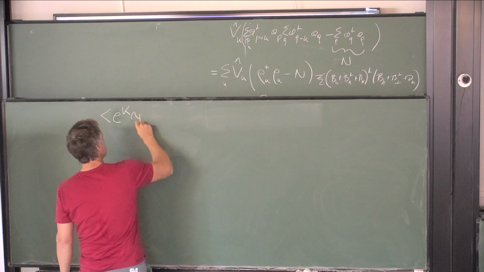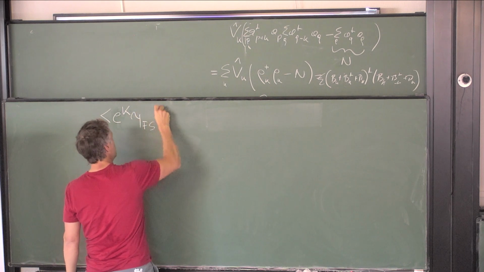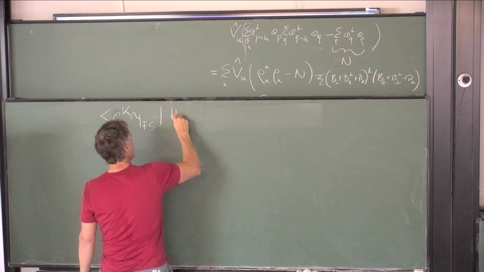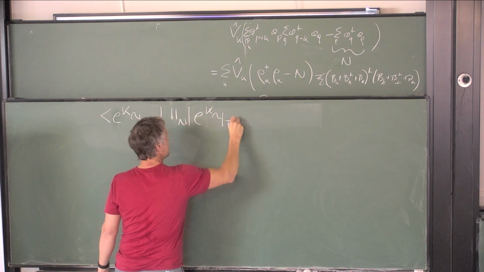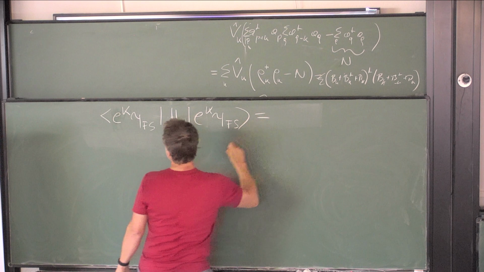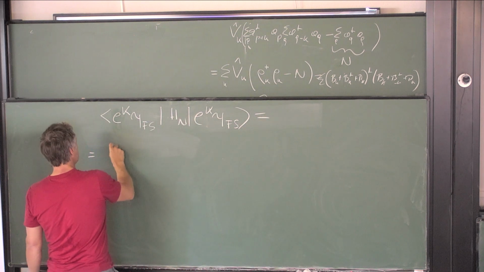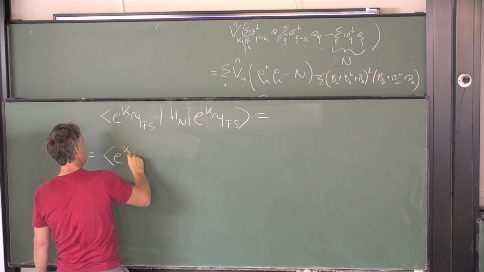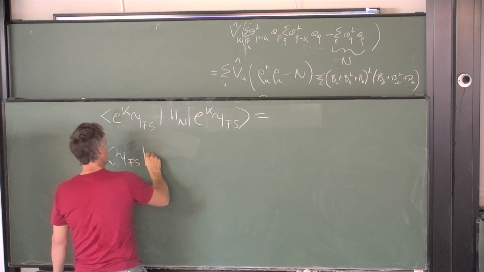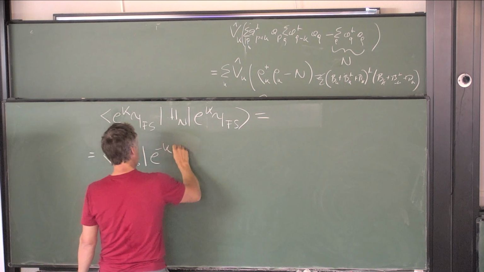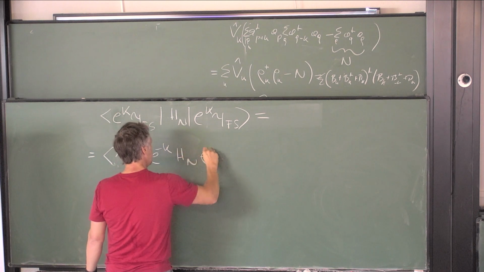But what we want to do is to apply H_N to E_K of psi of S. So this is the same as the E psi of S, E minus K, H_N.